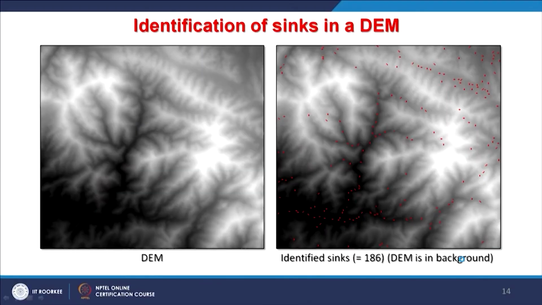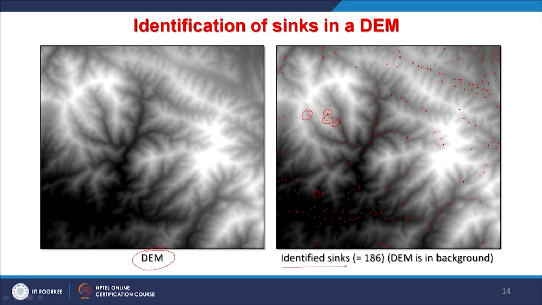Now, I have an example on the same digital elevation model which we have been using throughout this course. This is the DEM, and when the DEM is subjected to identification of sinks, you can see these red dots, these are the sinks that have been identified. Some are single cells, some are sets of cells.